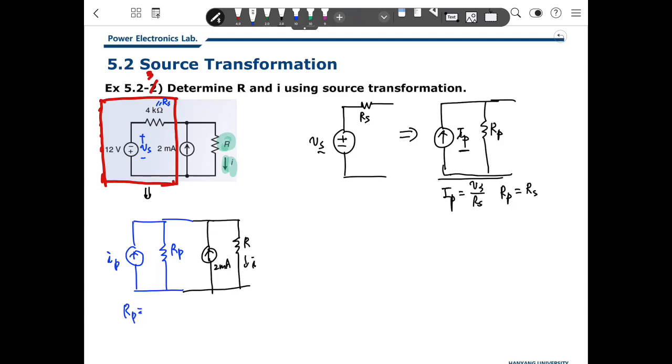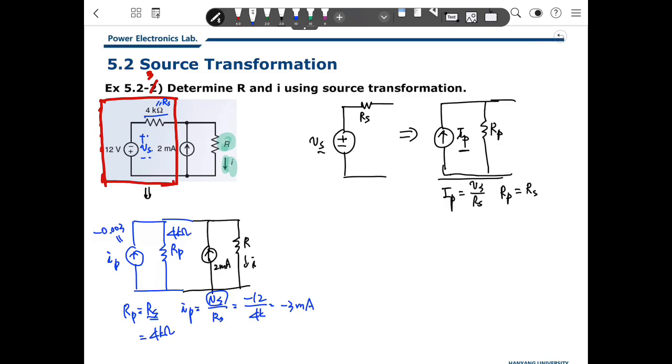RP should be the same as RS, and IP will be VS over RS. Here RS was 4 kilo ohm. What is VS? When we define this VS here, VS will be minus 12. And this is 4 kilo, so that means minus 3 milliampere. So we can say there will be a minus 0.003 amp current source, and RP is 4 kilo ohm.